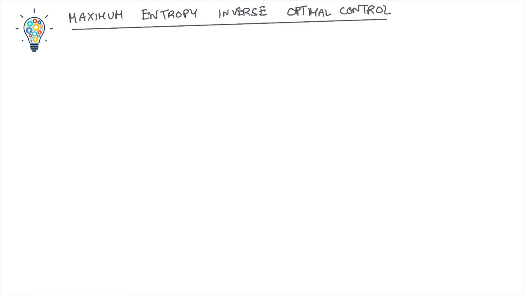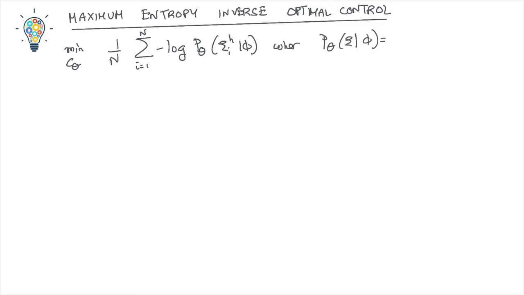So taking a step back, this method can be generalized to the nonlinear setting as well, and it's referred to as maximum entropy inverse optimal control. So now you're solving for a general class of cost functions theta, where you're minimizing the negative log likelihood of human demonstrations, where the probability function is proportional to exp of negative cost of a trajectory.